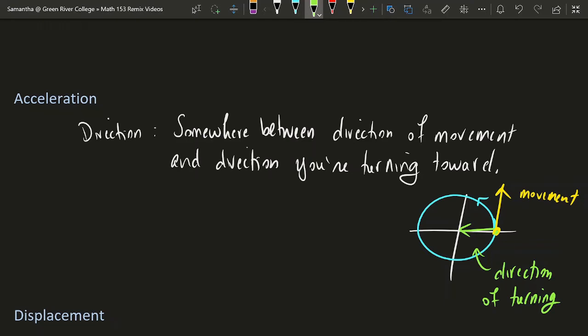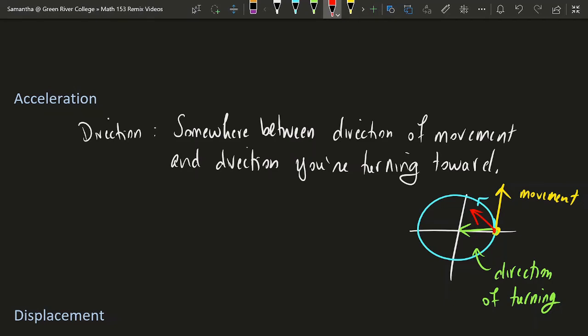The acceleration vector is going to live somewhere between those two directions. So it's plausible, for example, that the acceleration vector could be here in red, directly between the direction of movement, the direction of the velocity vector, and this green vector in which this object is turning.